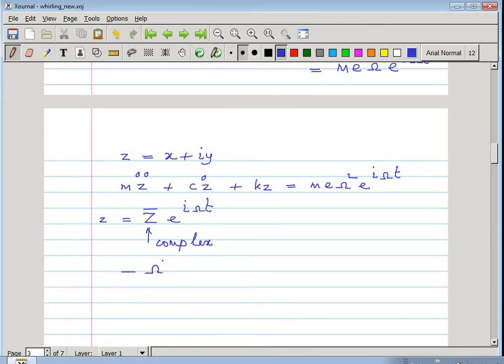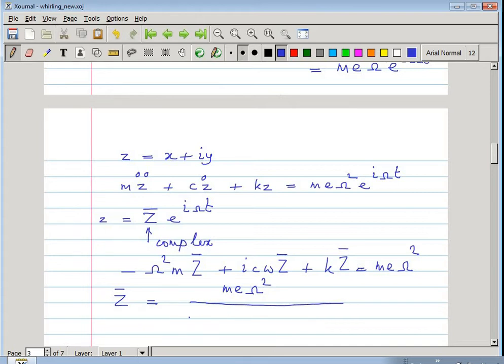So you get minus omega square m Z bar plus i c omega Z bar plus k Z bar equal to m e omega square, or Z bar is equal to m e omega square by k minus m omega square plus i c omega.